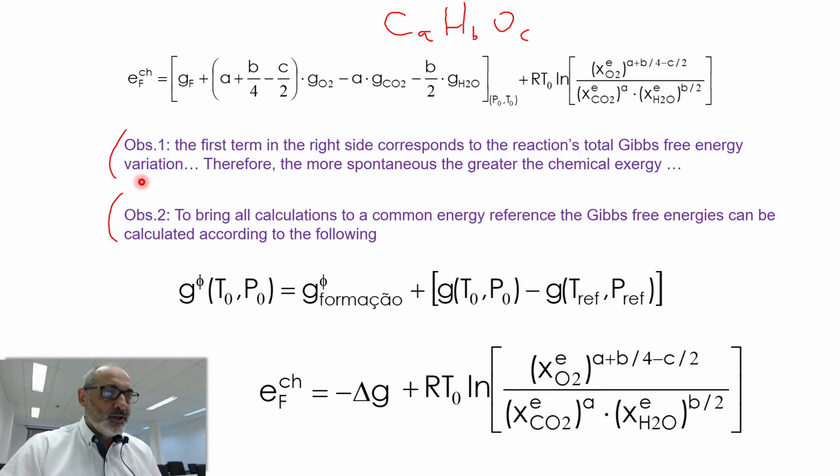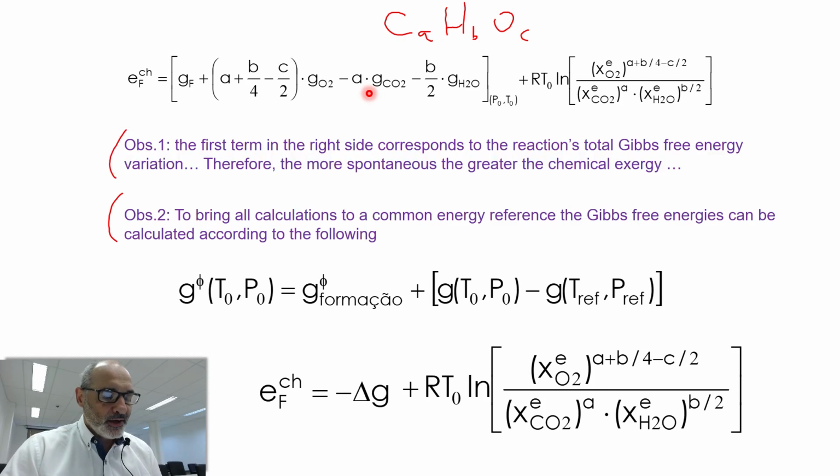Another important observation is a practical observation. Since you're calculating Gibbs and enthalpies and entropies of different substances, and they may have different reference states, you must bring all these references to a common reference.